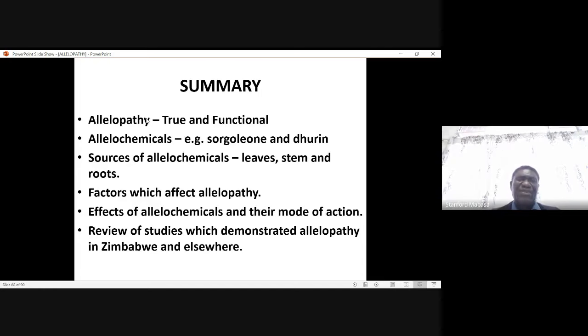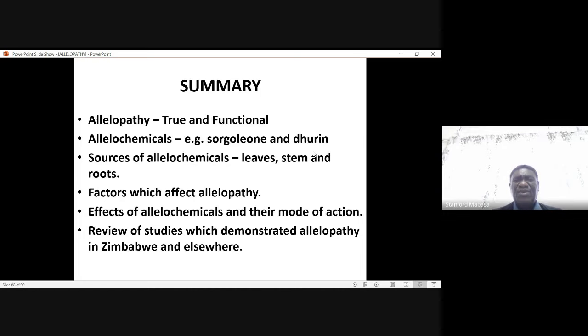Then we have examples of allelochemicals like sorgoleone, which is produced from sorghum. And there was a survey of sorgoleone in the SADC, in these sorghums by Dr. Tibugari.